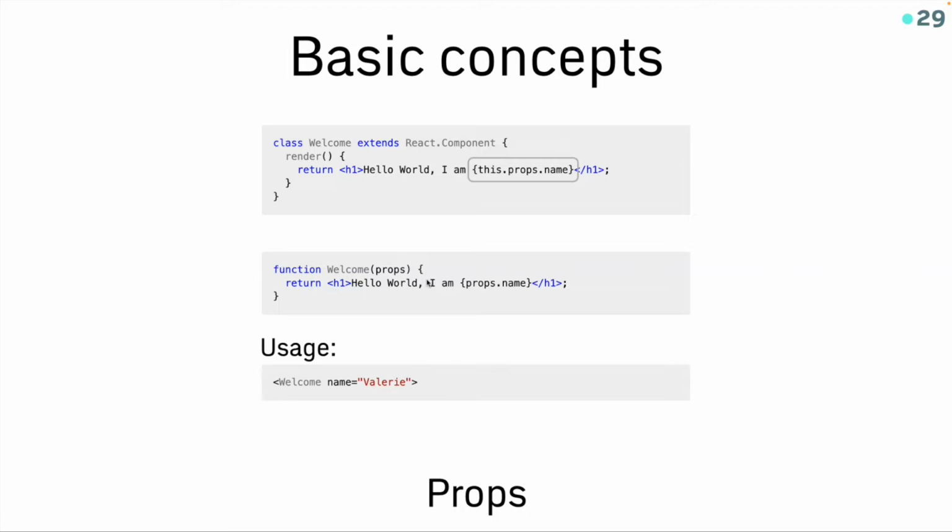In classes, you access them with this.props and then the name of the property. And in functions instead, the function components accept one single parameter, which is the props object, and then just the name of the property. And you actually give those properties by, this time it's name, but it could also be like surname equal and then something else, and with the value Valerie.